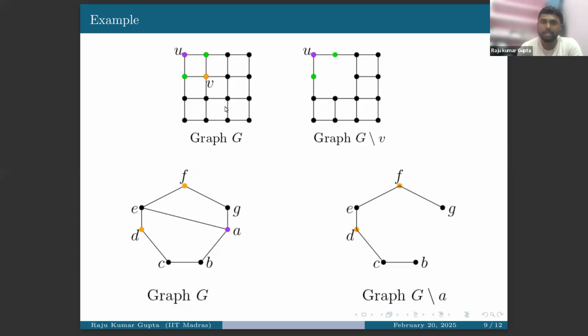It suggests that we can apply the previous technique that we discussed, and we can remove the orange color vertex from this grid graph, and we can obtain a new graph with less number of vertices by keeping the homotopy type the same.